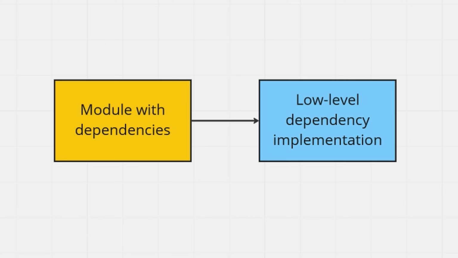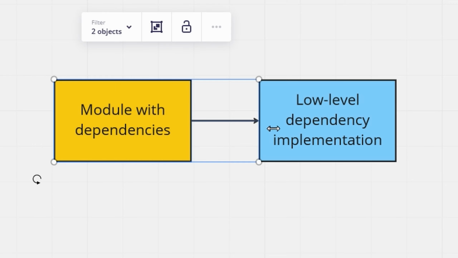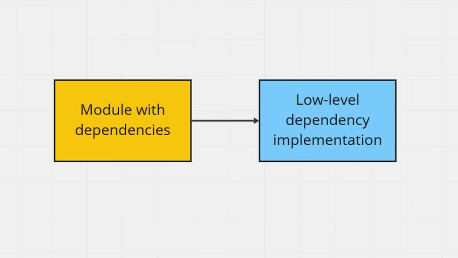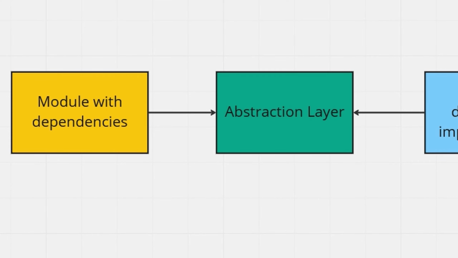Such a coupling between modules that might be unrelated or are on a different level of abstraction may pollute our code. So as you can see, we have our module with dependencies, and it depends on some lower level implementation. And how do we achieve the uncoupling of those modules? Well, we introduce an abstraction layer.